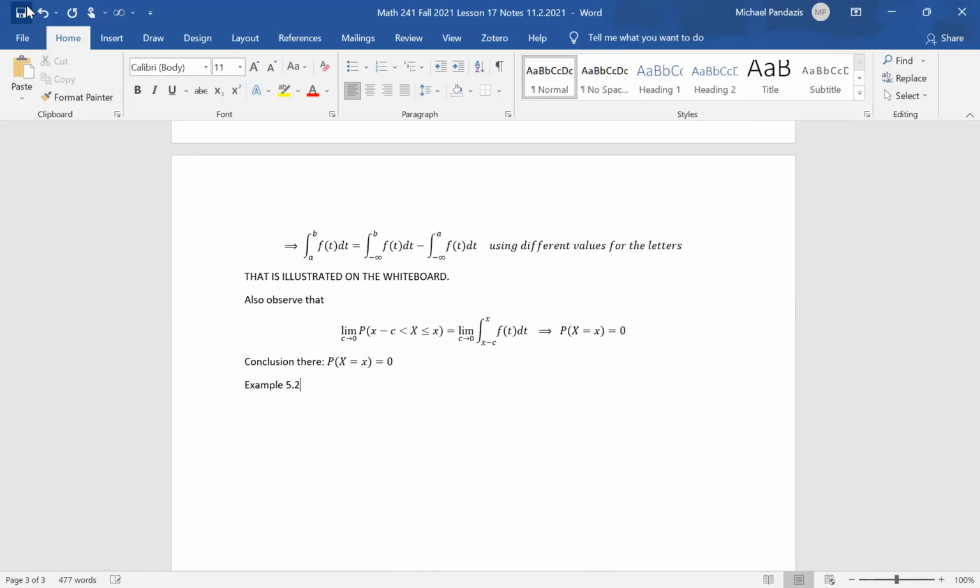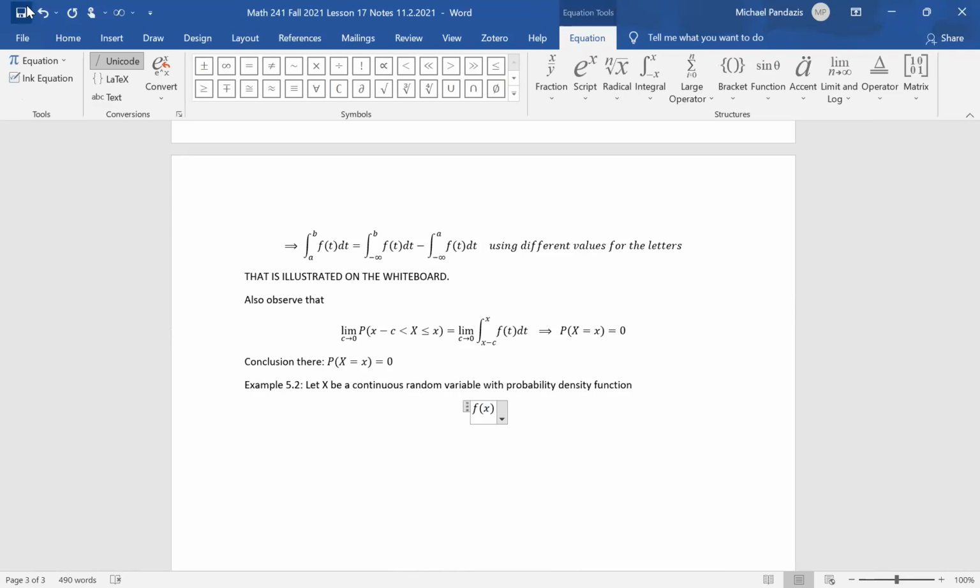Okay, so example 5.2: let capital X be a continuous random variable with probability density function f of x equal to 2x for 0 less than x less than 1, and 0 elsewhere.